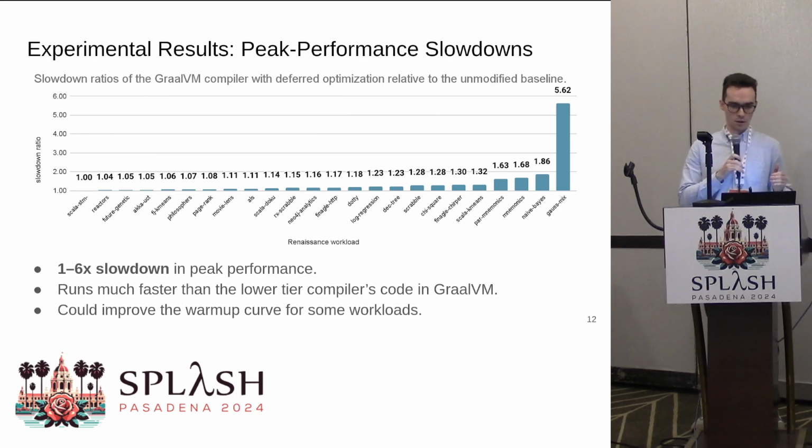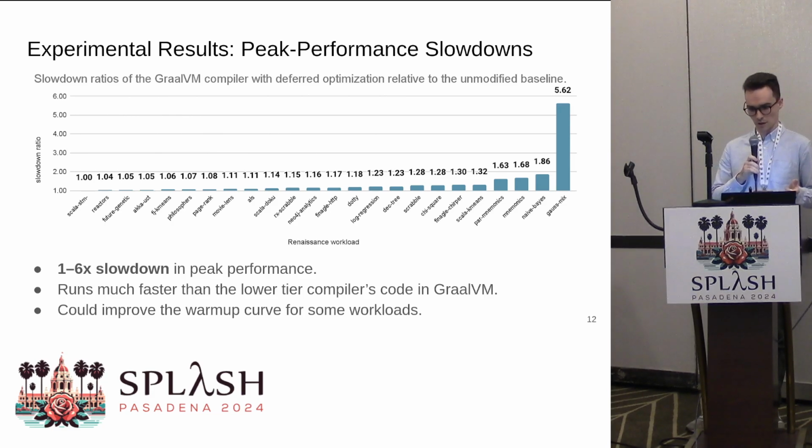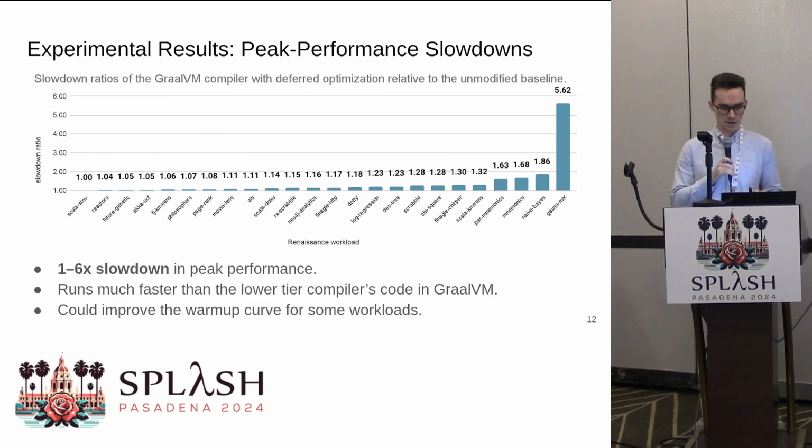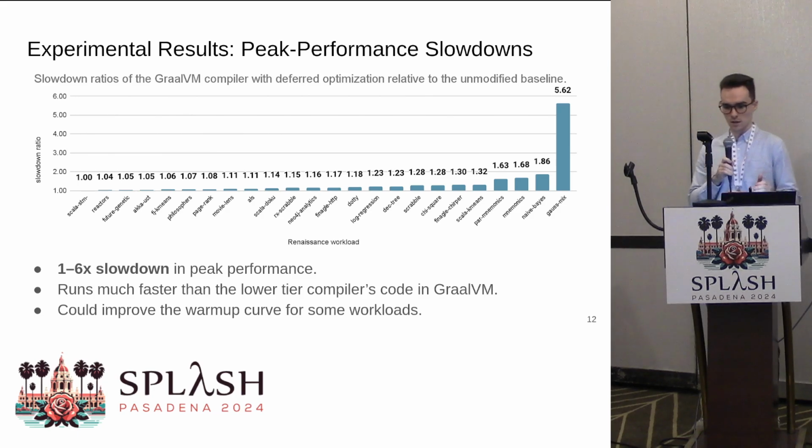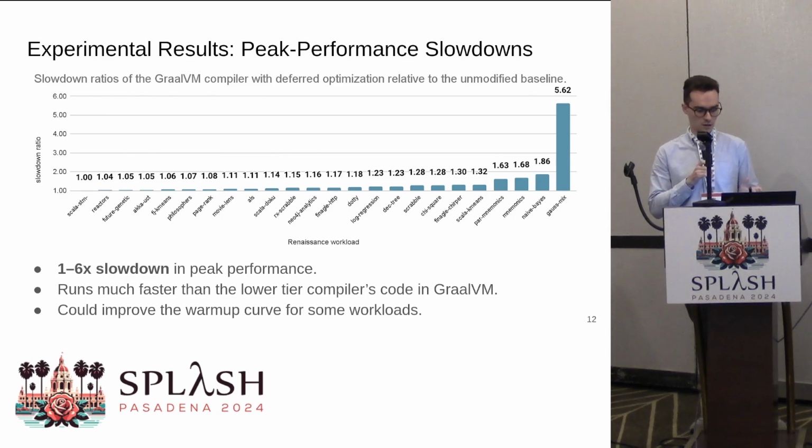Basically, deferred optimization can reduce peak performance, but supposing that we can compile from the cache much faster than we could compile from scratch, then this could actually lead to some warm-up curve improvements in some of these workloads.